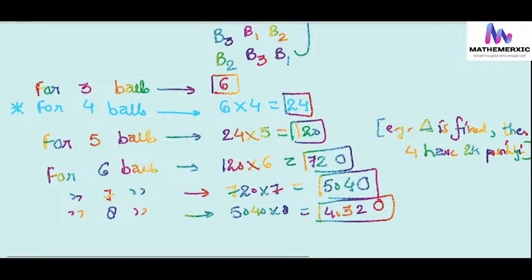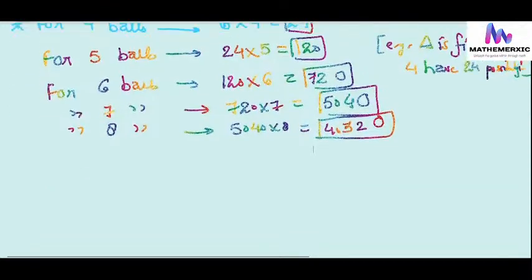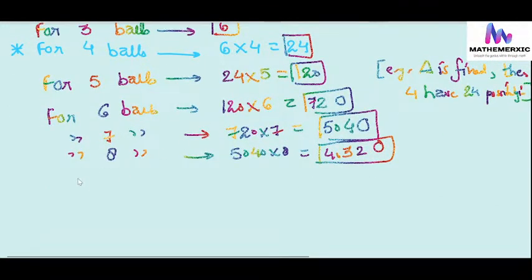Similarly, we can find the answer for 9 balls. We have 40320 into 9, that is 362880.